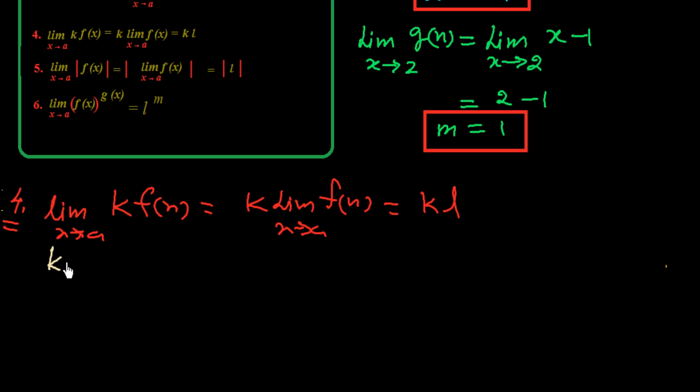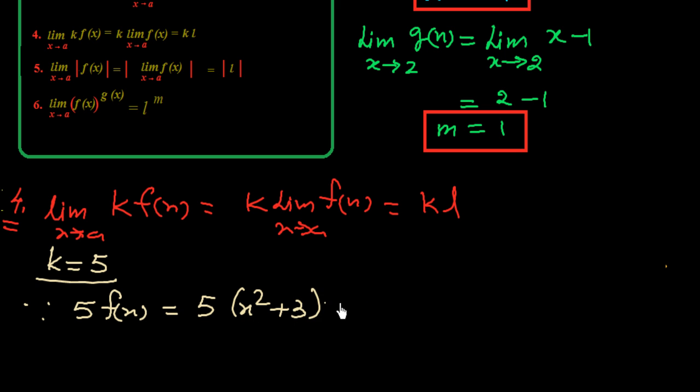We are taking k is equal to 5 here. So for getting kf of x, because 5 into f of x is equal to 5 into x square plus 3, which is equal to 5x square plus 15.